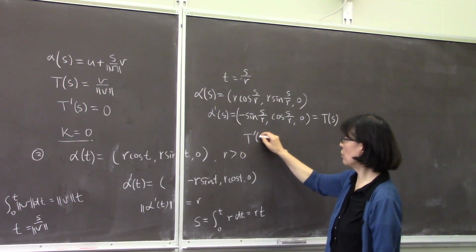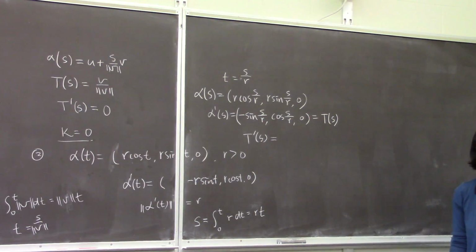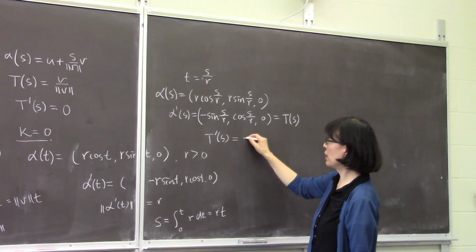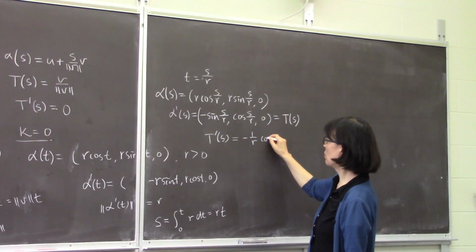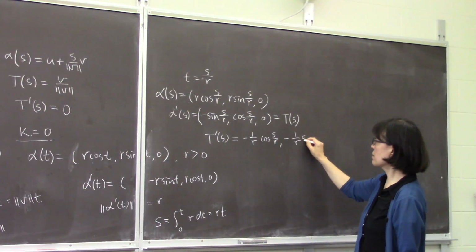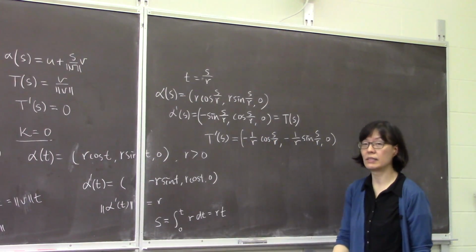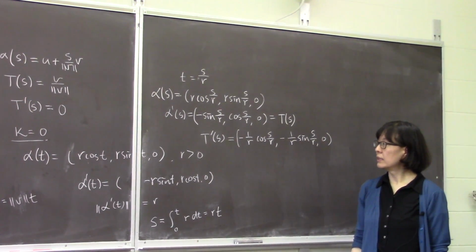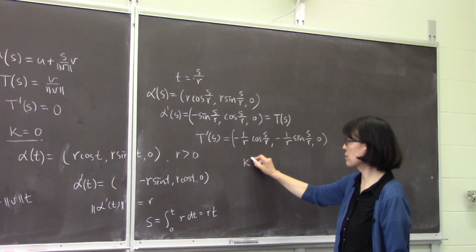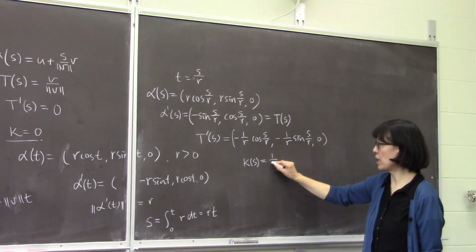Then what is the derivative of that? One more derivative. Minus 1 over r cosine s over r, minus 1 over r sine s over r, 0. Right? Then what is the curvature then? 1 over r. Right, the magnitude of that is 1 over r.